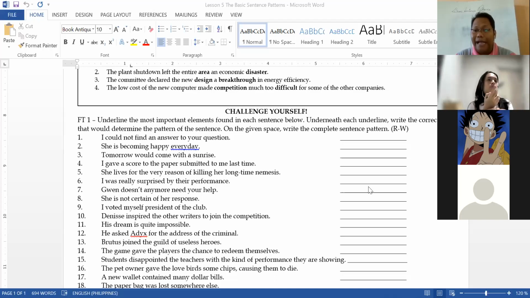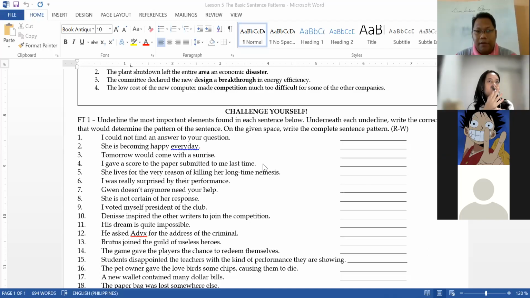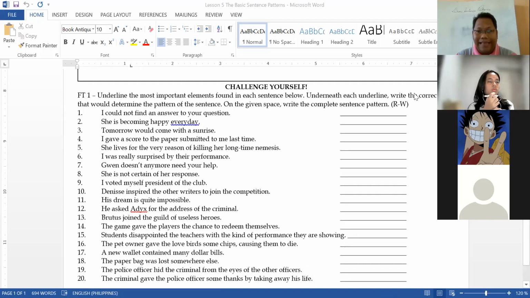Shall we go over your answers for FT1? Take note, the task in FT1 begins by underlining the most important elements found in every sentence. You might have noticed that in the examples I have given to you, I did not underline all words in a sentence.